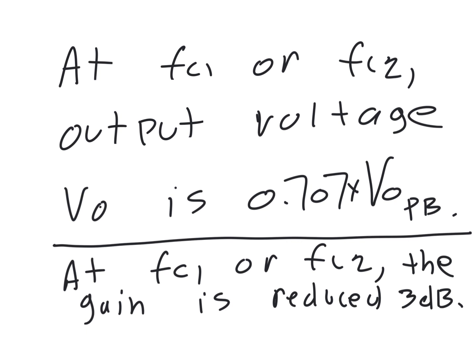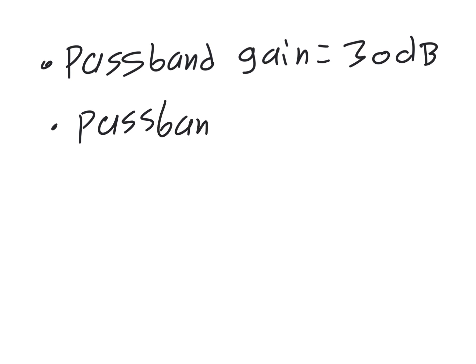So let's assume that the passband gain is 30 dB, and let's assume that the passband voltage is 4 volts.